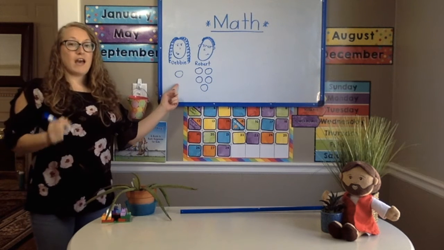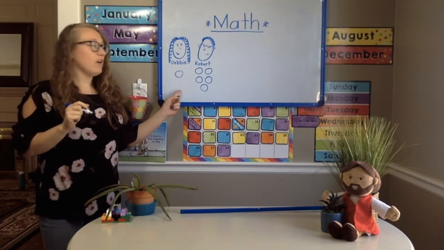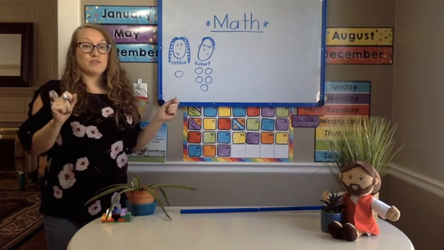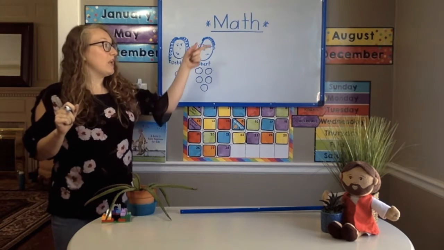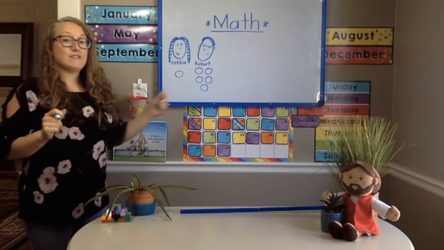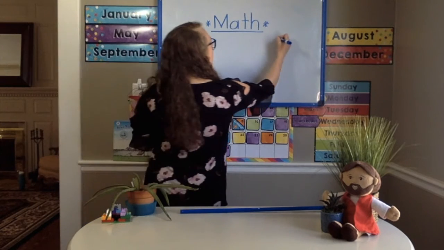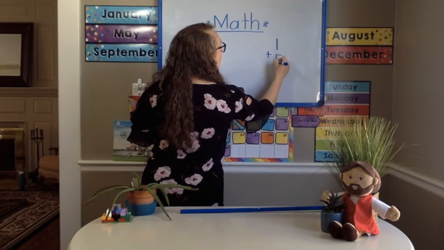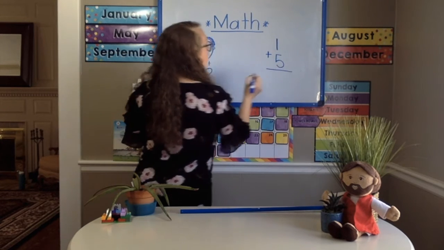Debbie has 1 cat, so you only drew 1 circle for her. Robert has 5 cats, so you drew 5 circles for him. Let's turn this into an addition sentence that goes up and down. 1 plus 5 equals.